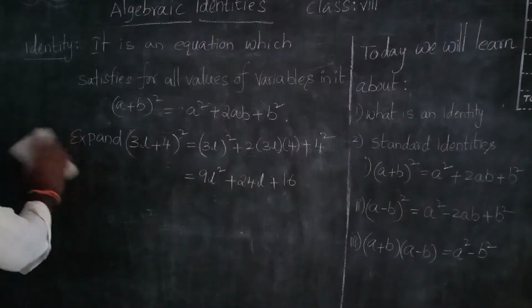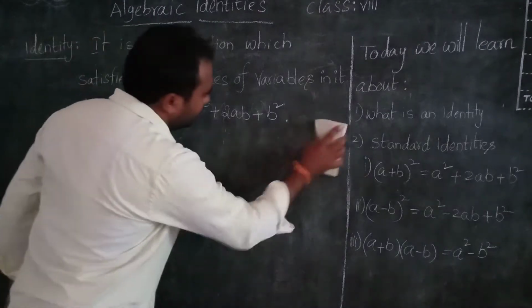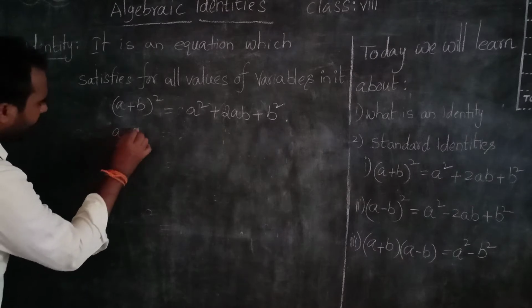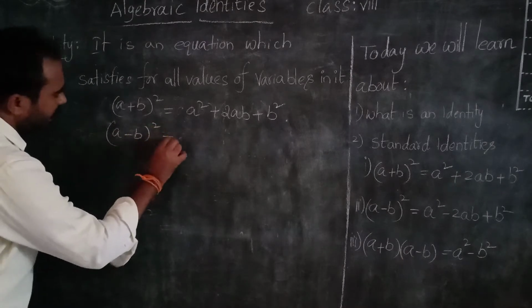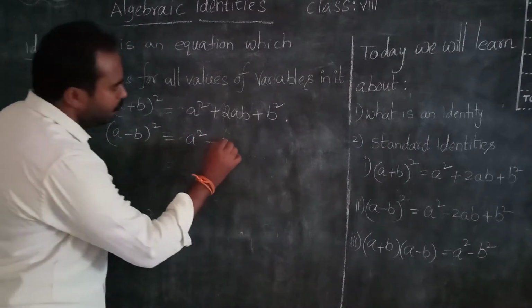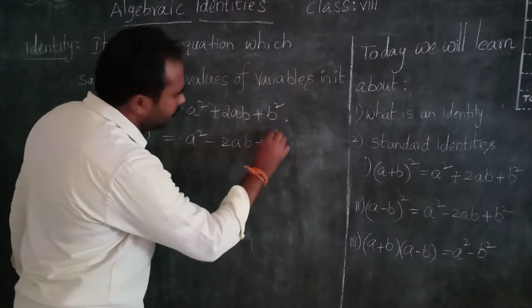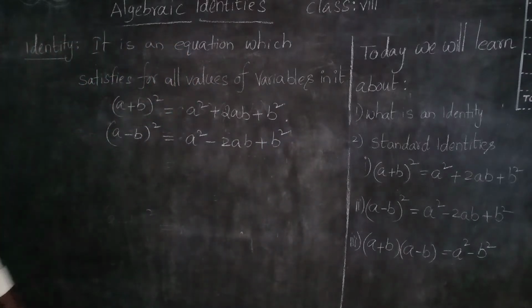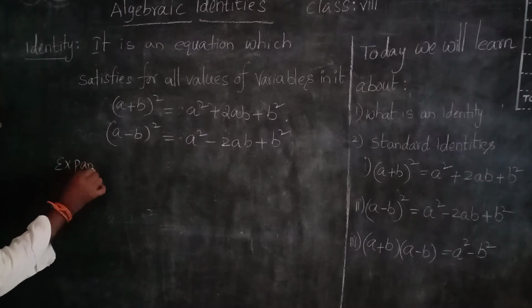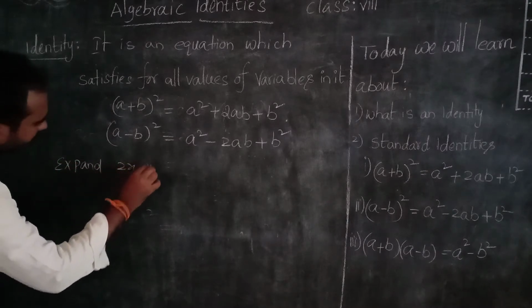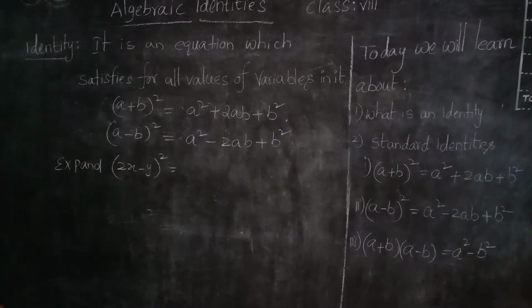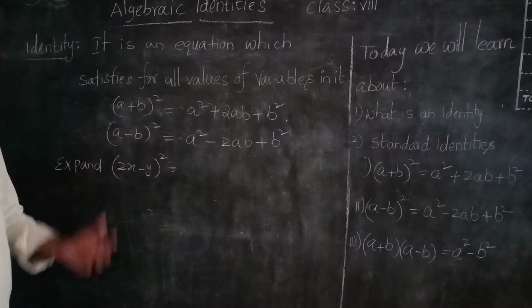Next. What is our second identity? Our second identity is (a minus b) whole square, which is equal to a square minus 2ab plus b square. For this one, expand (2x minus y) whole square. Now it is in the form of (a minus b) whole square.